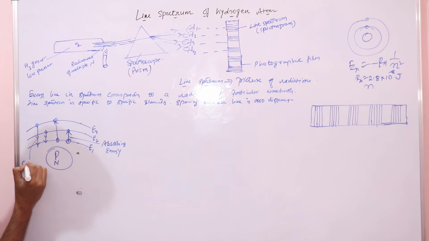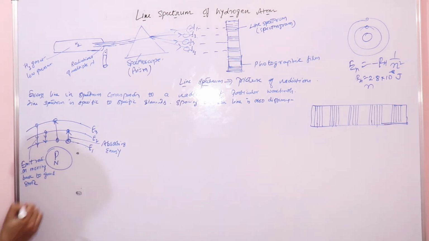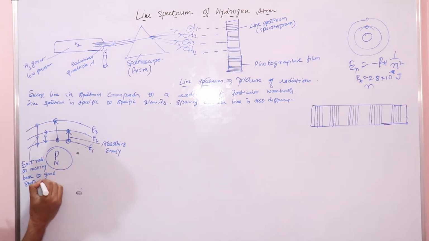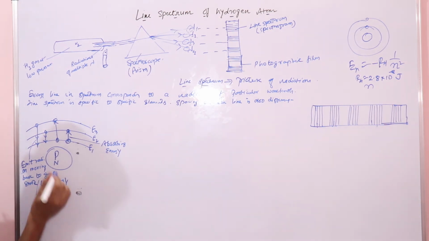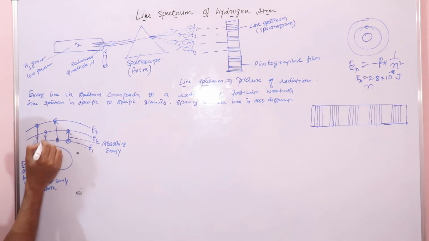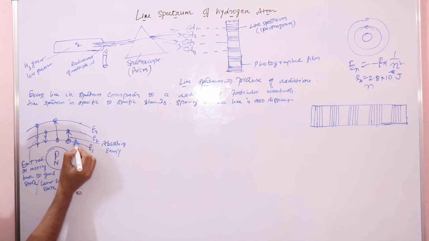It will emit radiation on moving back to the ground state or a lower energy state, because the electron in the E3 level may move to E2, or it may move to E1.